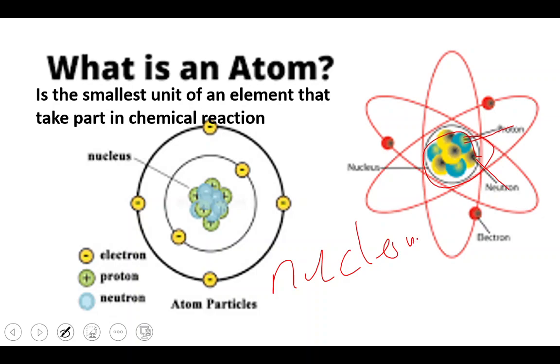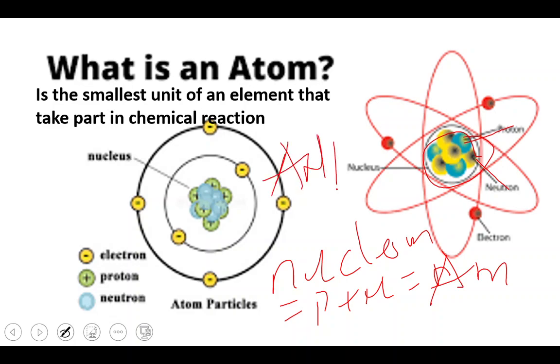So the nucleon, the sum of protons plus neutrons, is equal to the atomic mass. While the number of protons alone is the atomic number. So we have now seen the meaning of atomic mass and atomic number.